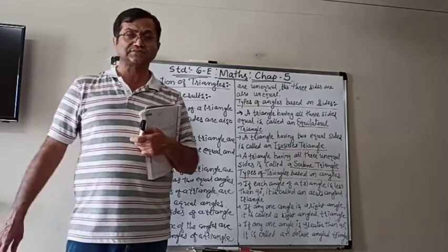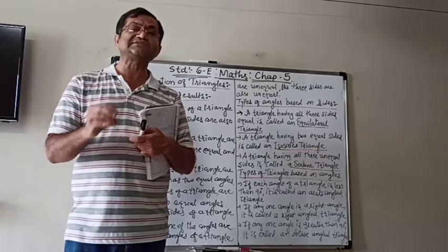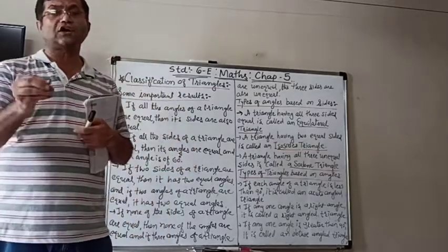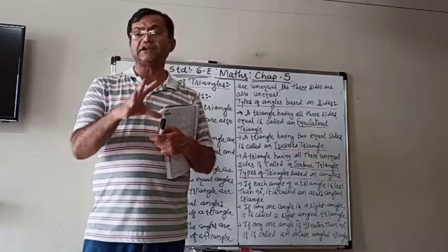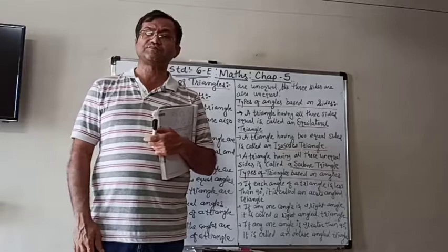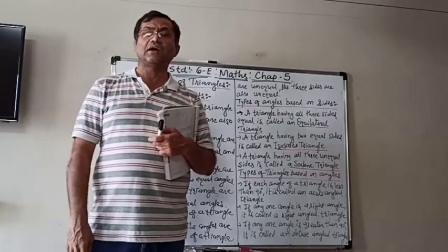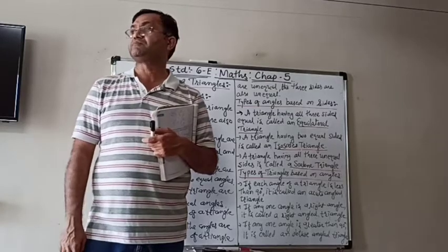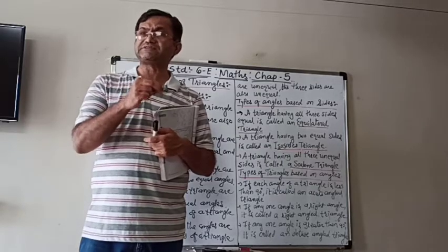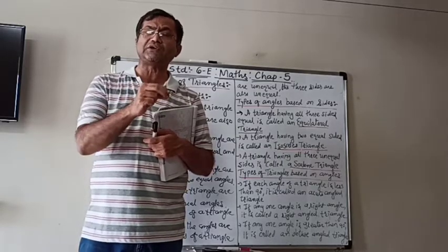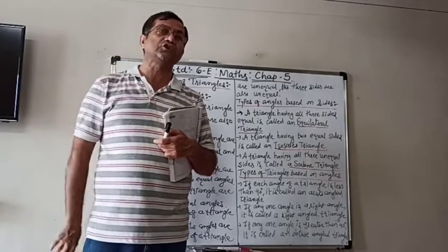And also in reverse, if all three angles are unequal, meaning all the angles have different measures, then you will notice that all the sides of that triangle will be unequal, meaning none of them will be of the same length. If you remember these basic important results, it will be very useful in the study of geometry.